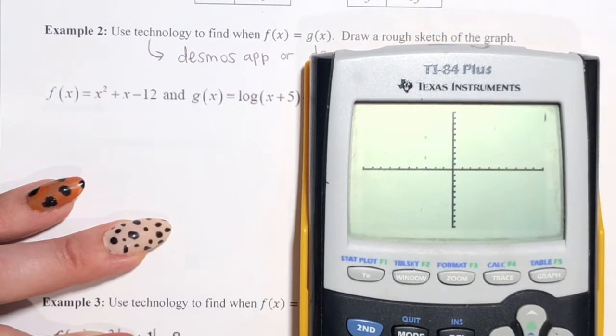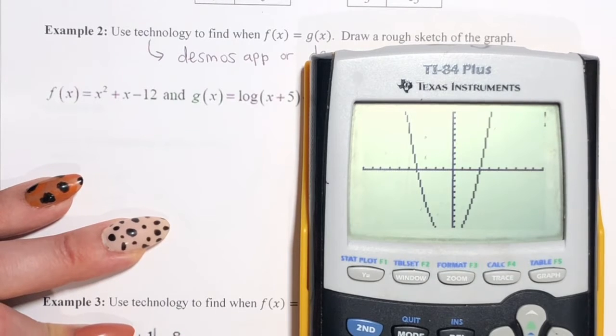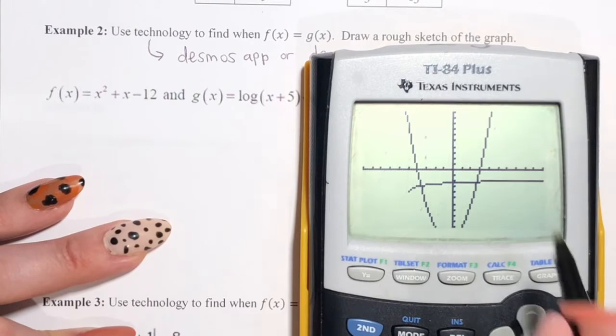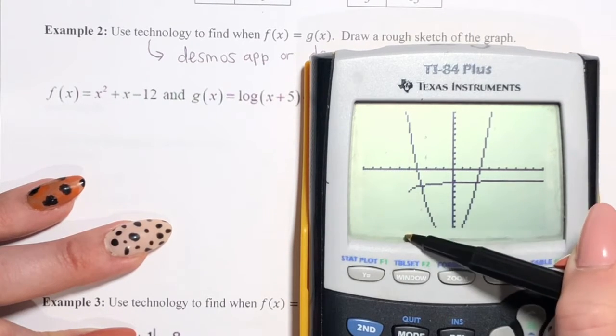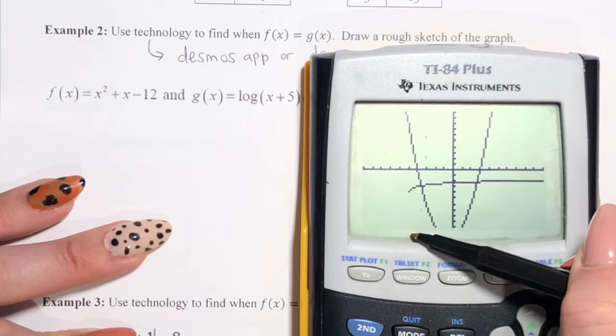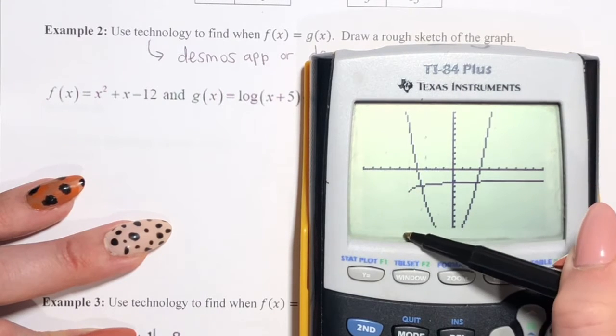And then we're going to graph. So there's the first function, and then here is the log function. For some reason, graphing calculators don't do the bottom half of the log function. It's kind of silly, but this one does go straight down from here.